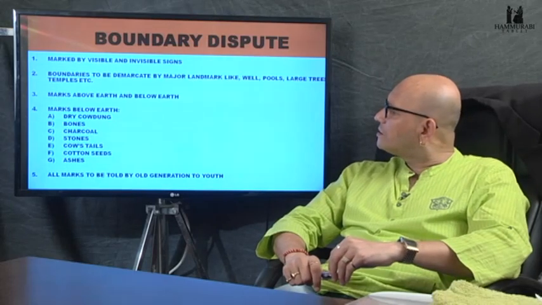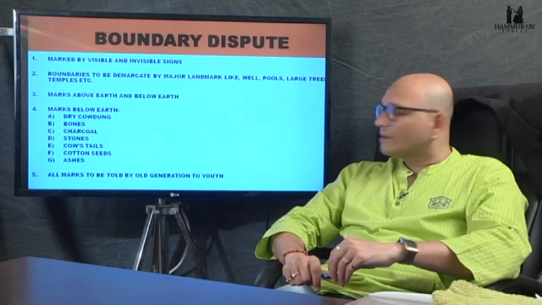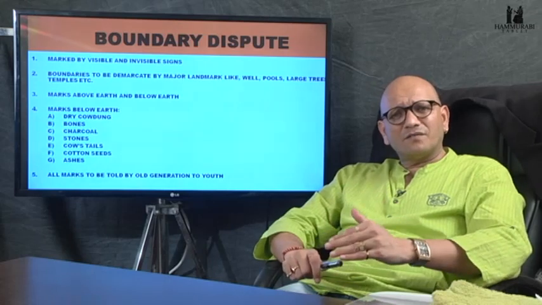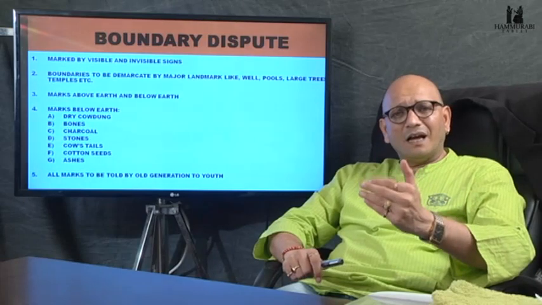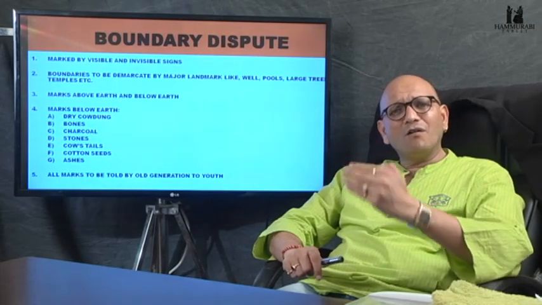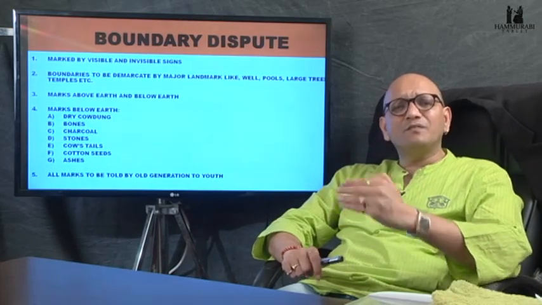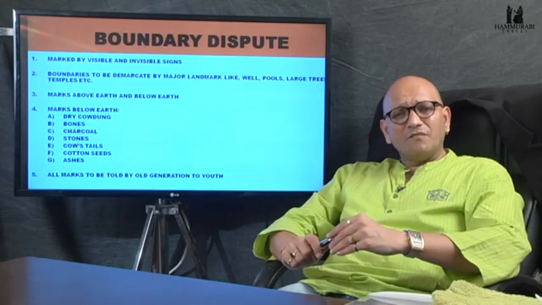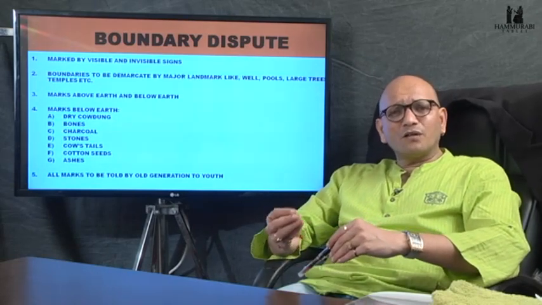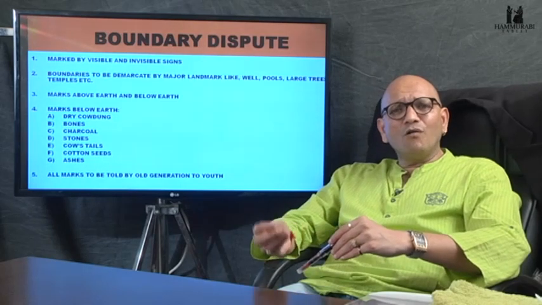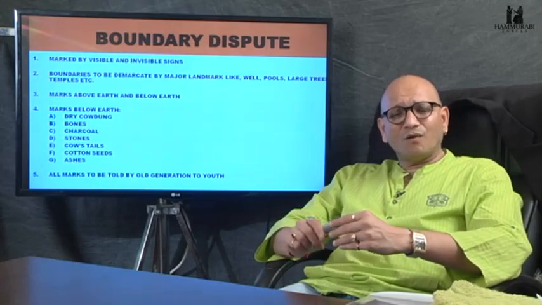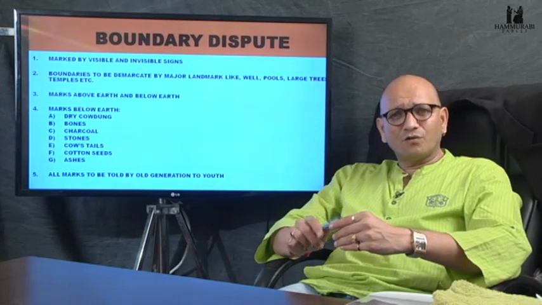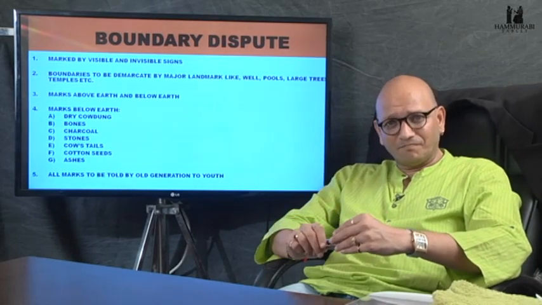Marks above earth and below earth. There are some marks which are above earth, which are visible, and there are some marks below earth which are invisible. So obviously we have to see what those marks below earth are, and what kind of products should be put below earth so that they remain for a longer time.